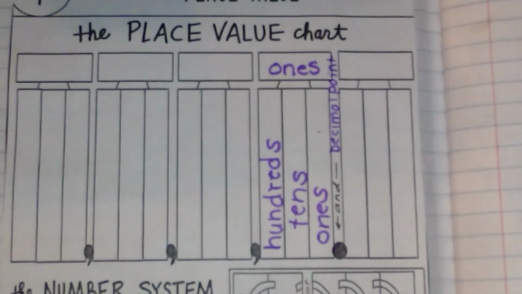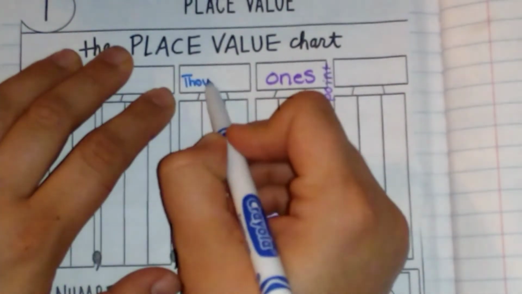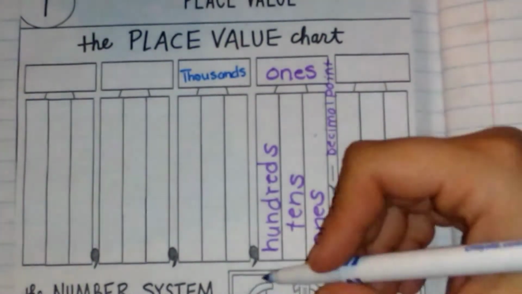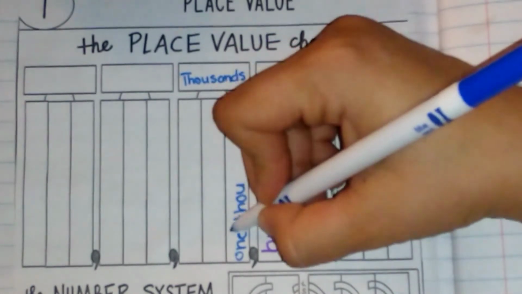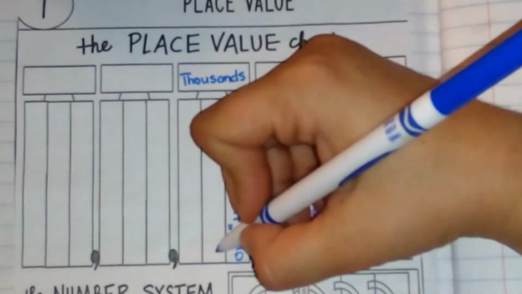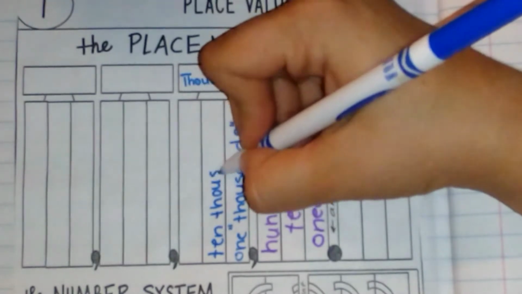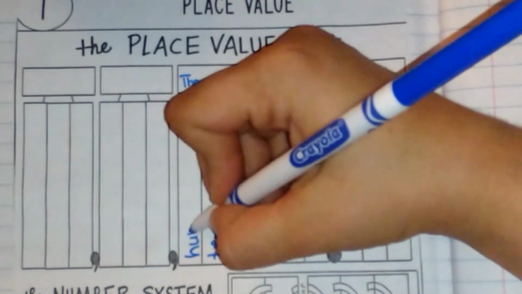Then I have my thousands place, so this will be the thousands. This is 1,000 or just thousands place. This is the 10,000s place. And this is the 100,000s place.